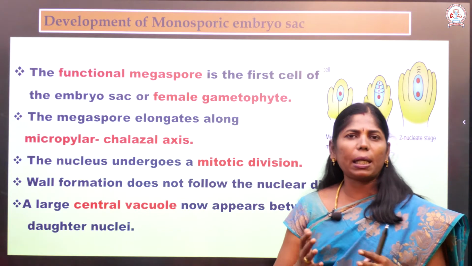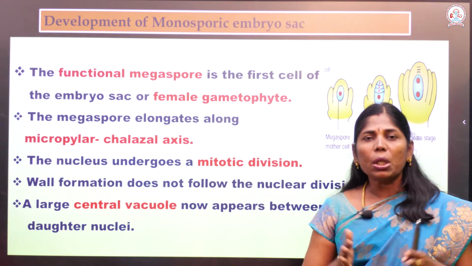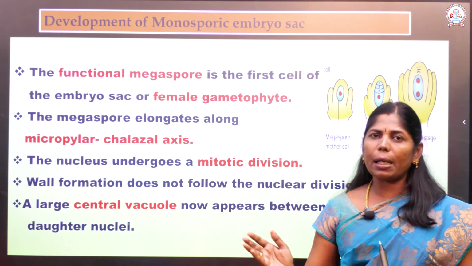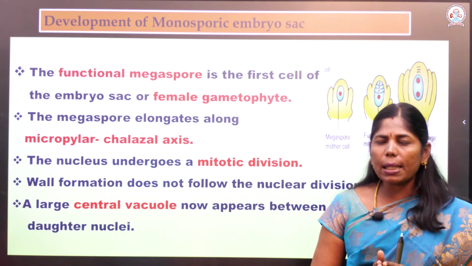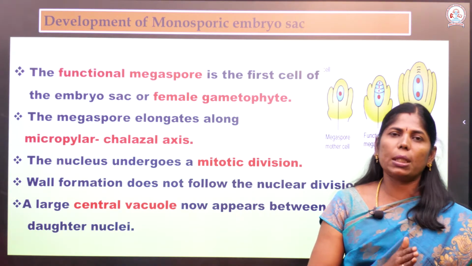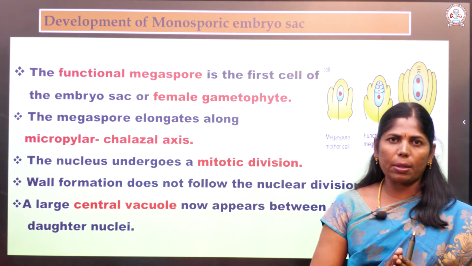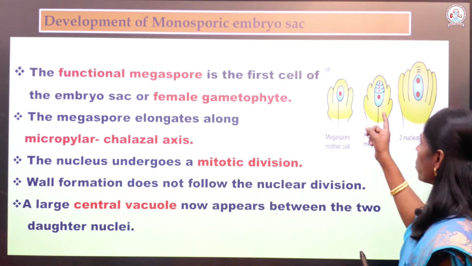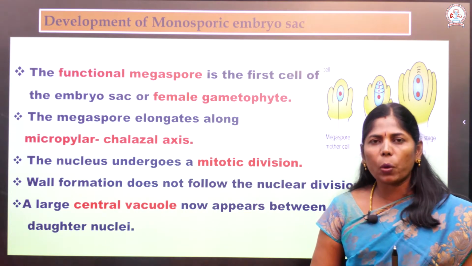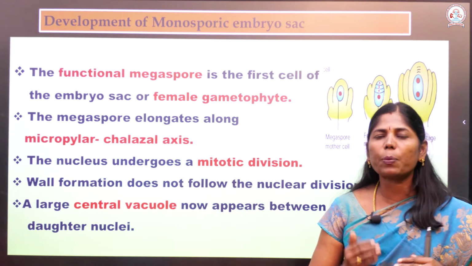As a result of the periclinal division, two types of cells are formed: one is the outer cell, another is the inner cell. The outer cell is the primary parietal cell and the inner cell is the primary sporogenous cell. The megaspores are formed from the primary sporogenous cells. The primary sporogenous cell gives rise to the megaspore mother cell.